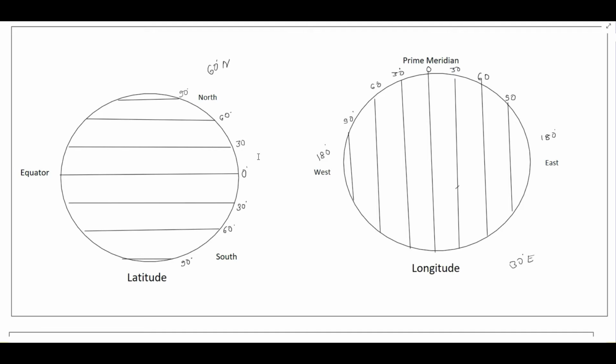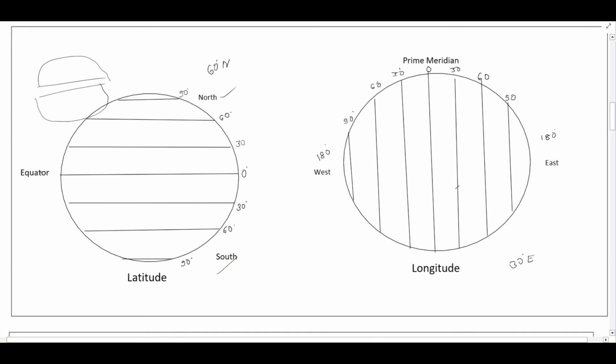Now let's talk about what latitude is and what longitude is. Suppose this is our earth, and we have drawn imaginary lines on the earth. This is the north pole and this is the south pole, and in between it divides two hemispheres, the northern hemisphere and the southern hemisphere.